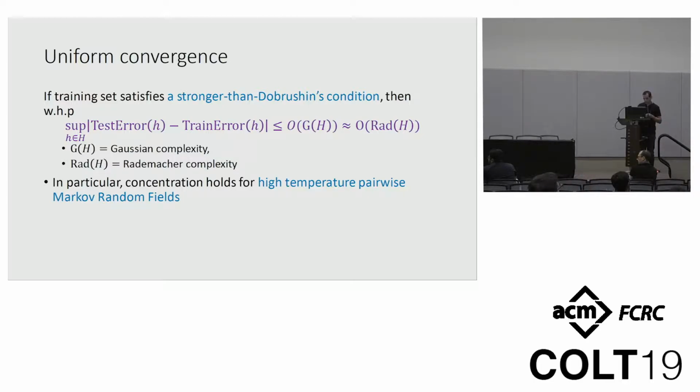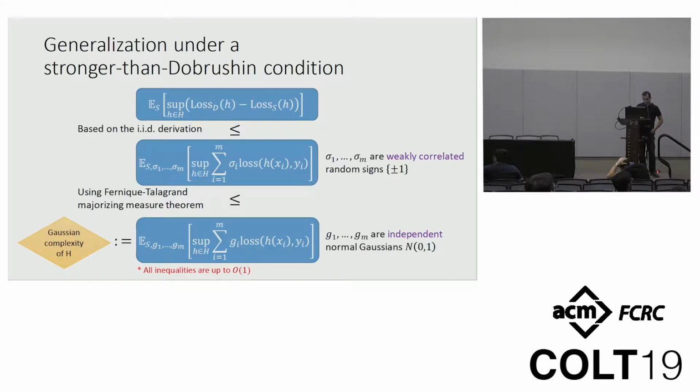I just want to say that this stronger condition includes high temperature pairwise Markov random fields, for those of you who know this definition. And here is the main idea of how this result is proven. We write this supremum of training versus test loss, and this can be bounded by some kind of Rademacher complexity, but where the signs, rather than being IID, are weakly correlated.